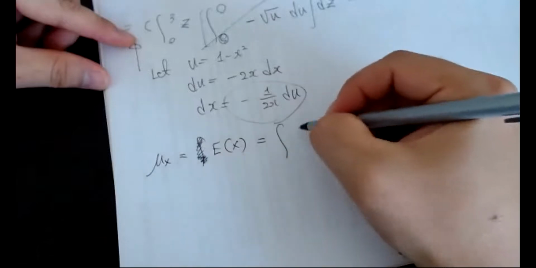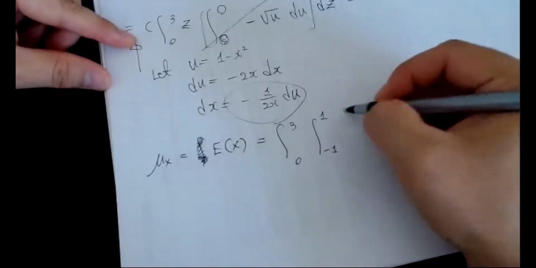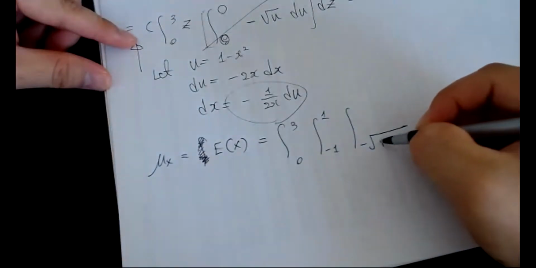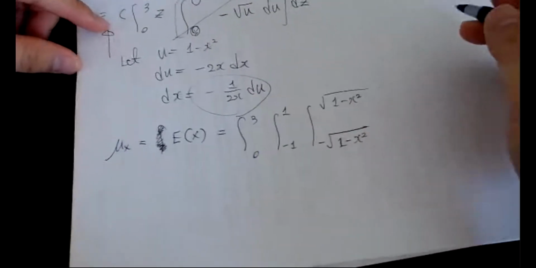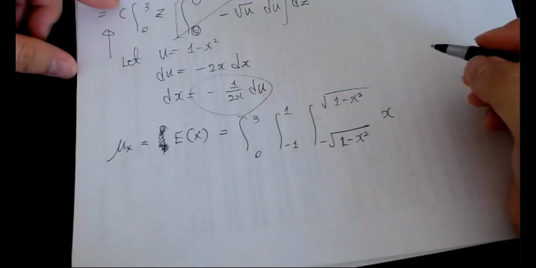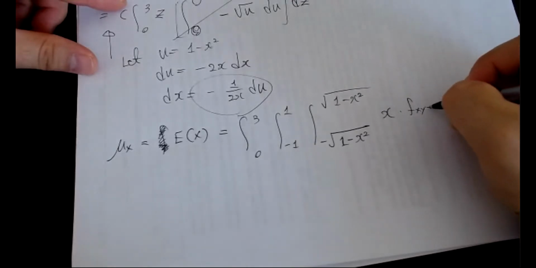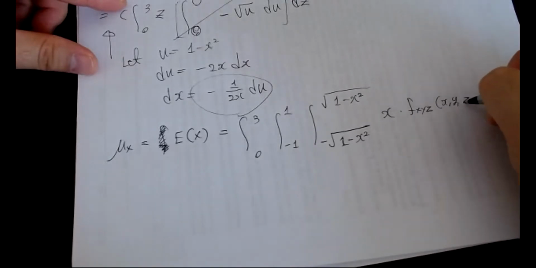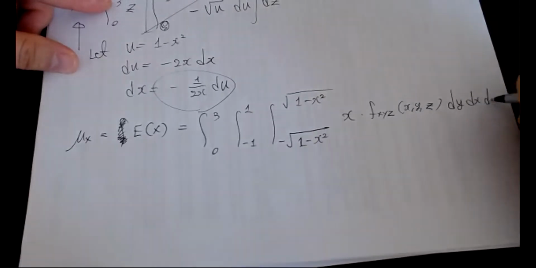That's going to be the integral from 0 to 3 and negative 1 to 1, and then negative square root 1 minus x squared to square root 1 minus x squared, and then x times f of x, y, z, and then x comma y comma z, and then this is dy, and then dx dz, right?